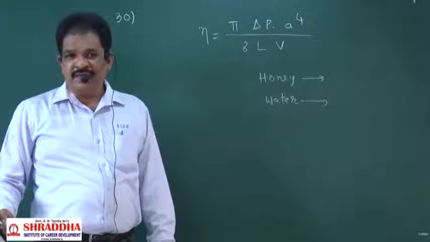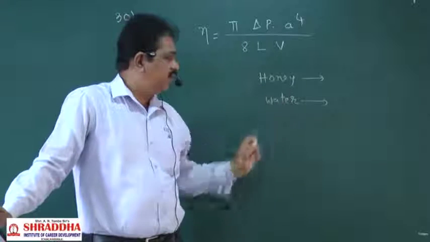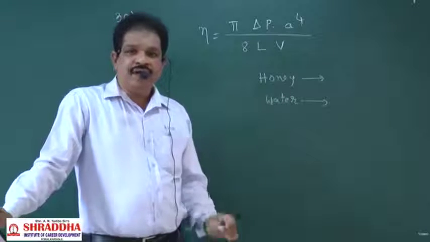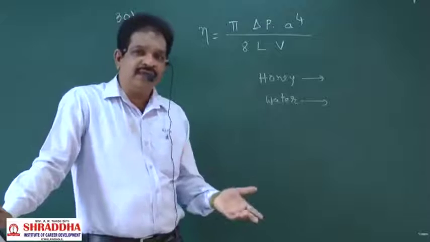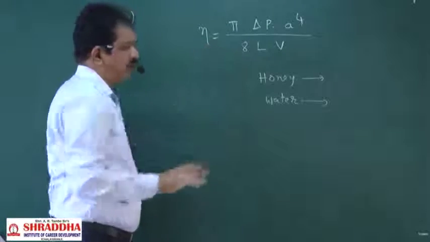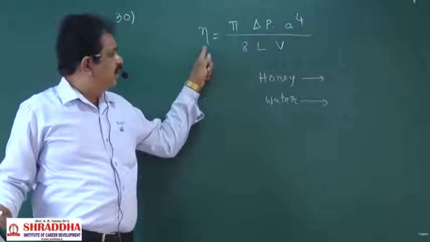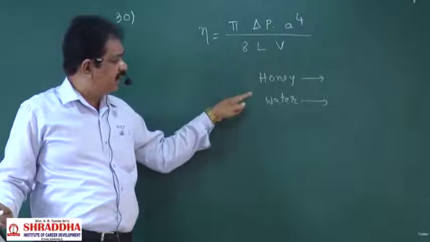Then we can say honey is more viscous than water. To identify how much viscosity it has, we use one constant for that. That will be called coefficient of viscosity.